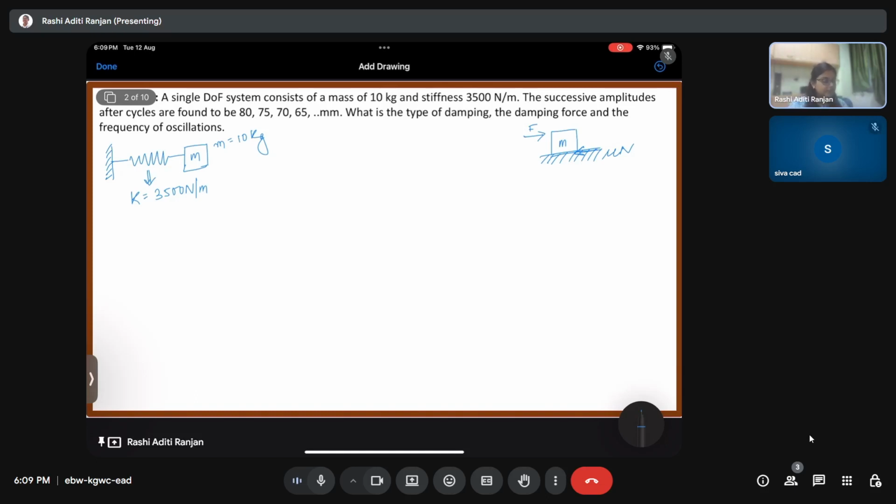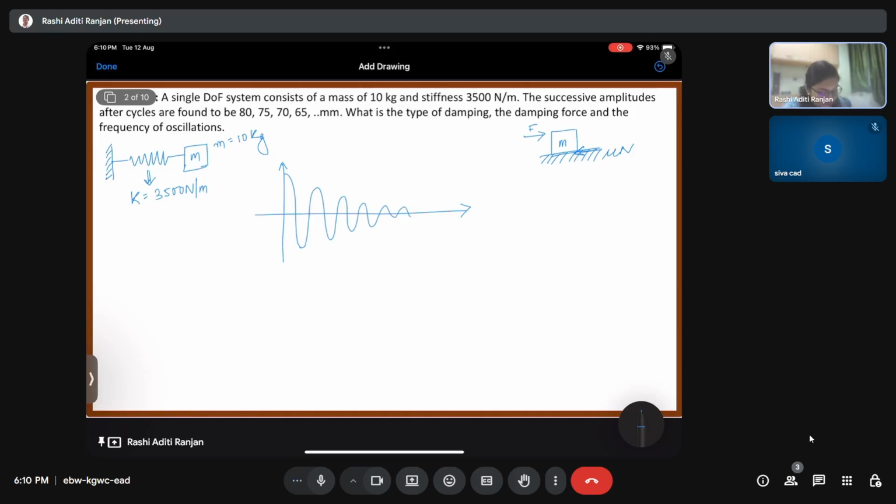Okay, so this is the case that we have. Now we have the amplitudes, right, after successive cycles. We don't know as of now which kind of damping is present in the system. So if I try to plot how the system is changing with the number of cycles, if this is the amplitude and this is the time axis, the behavior is something like this, right?